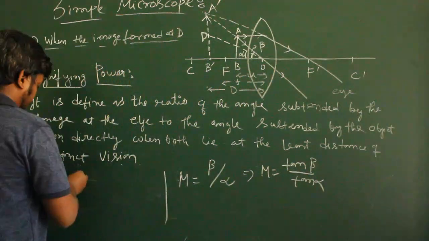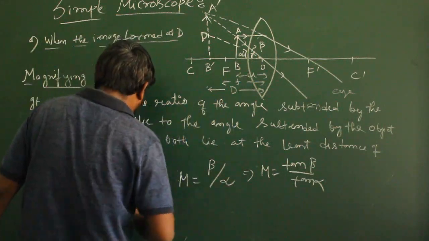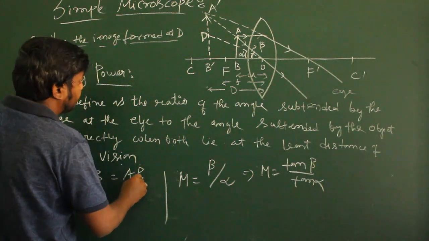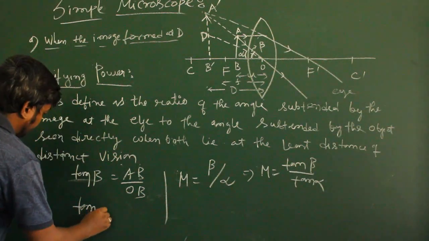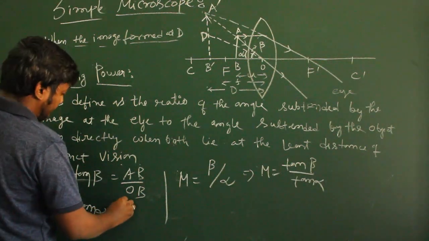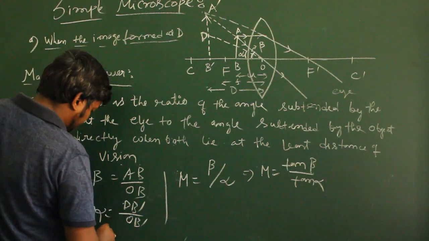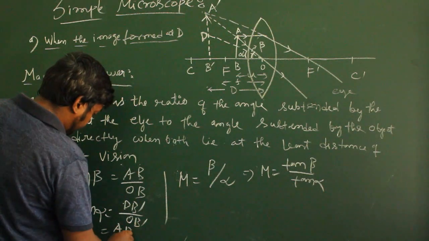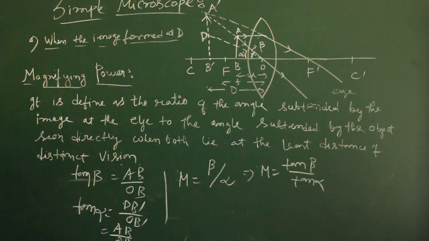Now what is tan beta? From the diagram, tan beta will be A'B' by OB', and tan alpha will be AB by OB. What is A'B'? We can write it in terms of AB.